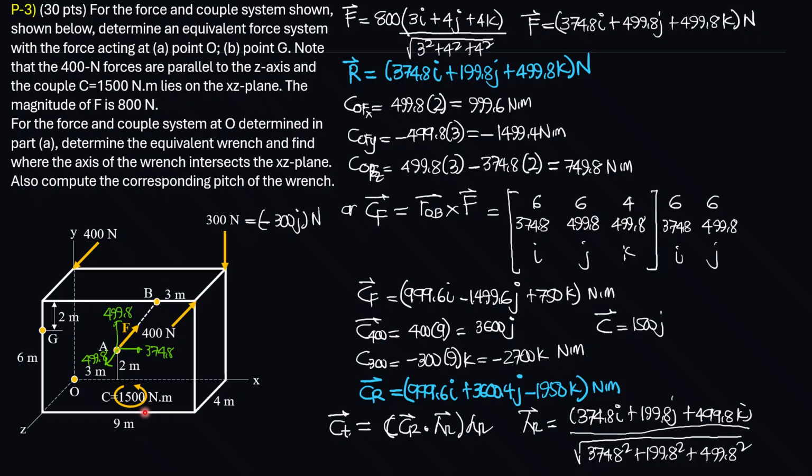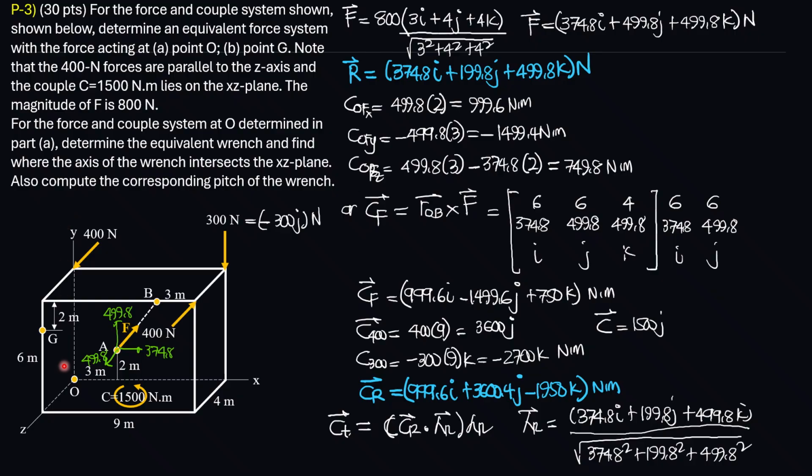So therefore, it is equal to 1,500j. Your right thumb will be pointing upward. So that's it for this couple here. Then the moment due to this 300 Newton force about X is 0.